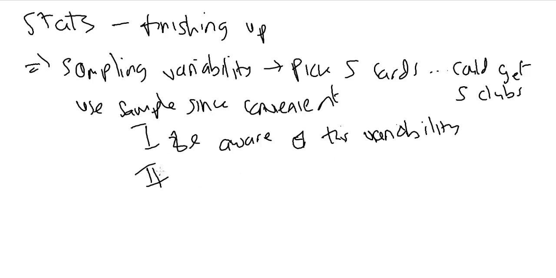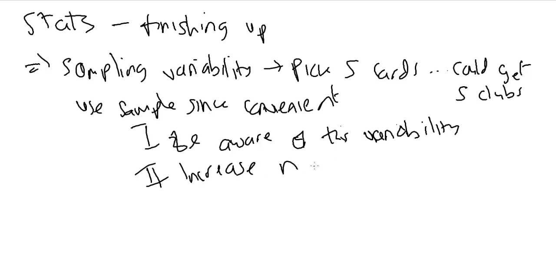So the second thing would be, how can I safeguard against this variability? How can I reduce its impact? We'll be looking at this more later. The basic trick is, well, use more cards.